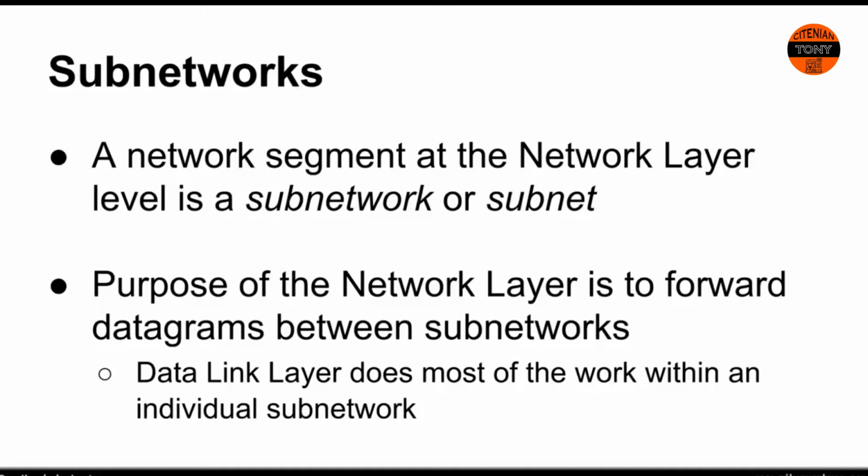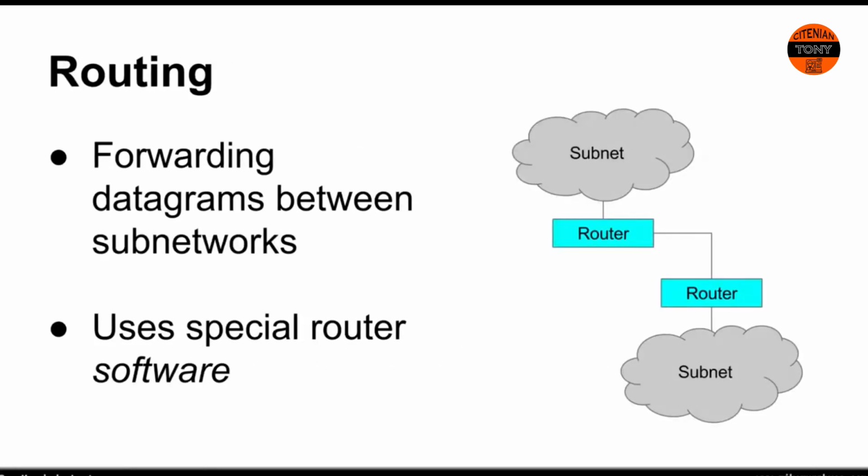Within an individual subnet, the data link layer does most of the heavy lifting, so it does most of the work within the subnetwork for getting messages from one point to another. But in between those individual subnetworks, the network layer kicks in and forwards the datagrams. And it does this by a technique that we call routing.